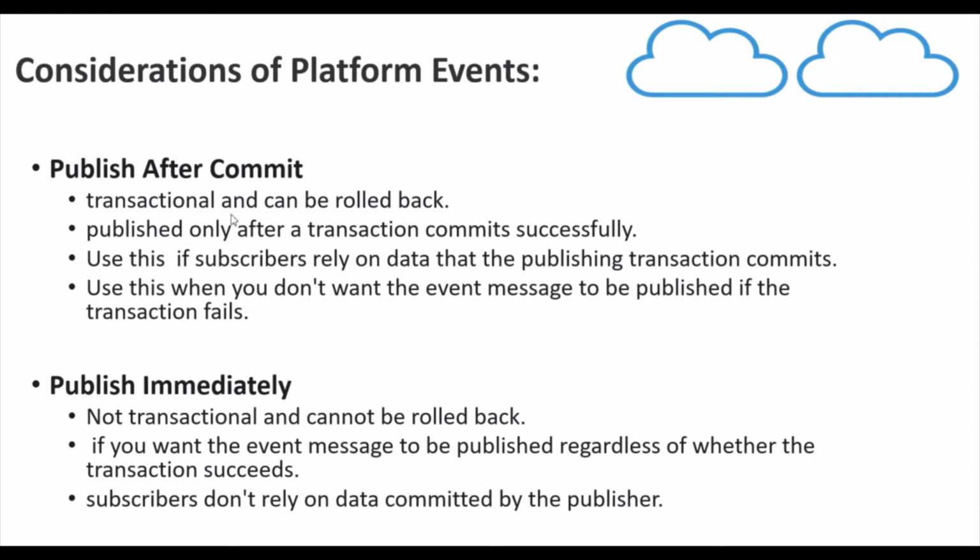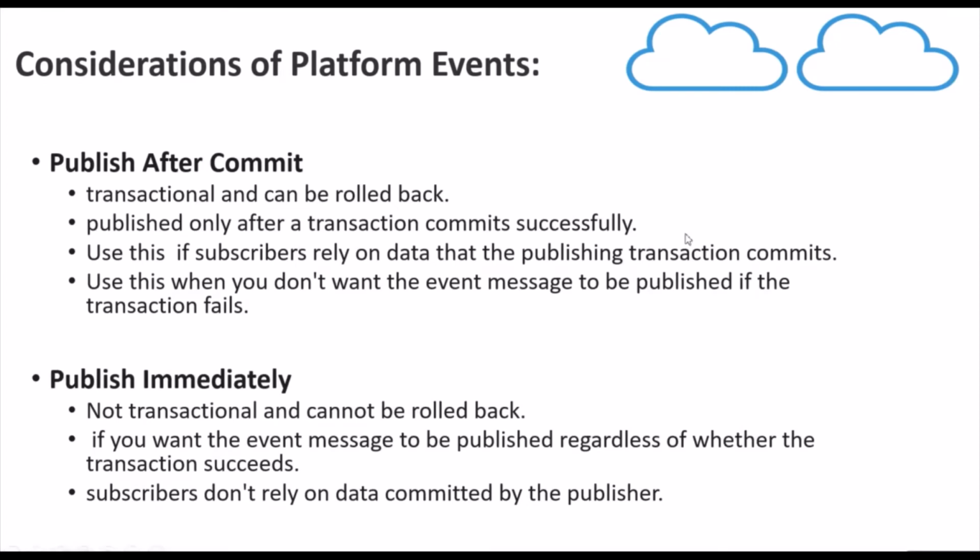We generally use this type of publish behavior if subscribers rely on the data that the publishing transaction commits. We also use it when an event message is to be published, but we don't want it published if the transaction fails. In that case we will use the publish after commit behavior.